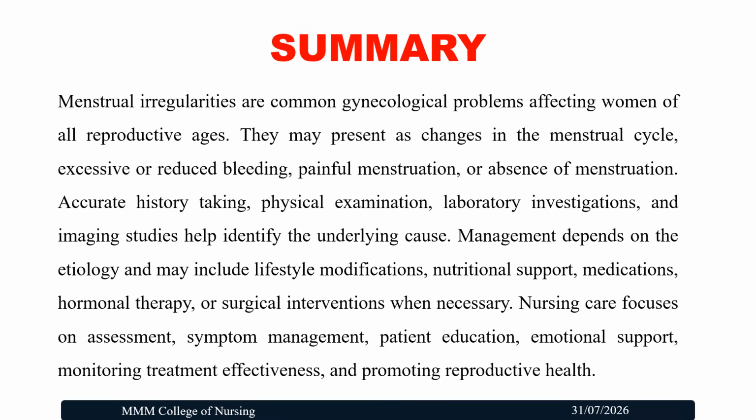The management depends on the etiology and may include lifestyle modification, nutritional support, medications, hormonal therapy, and surgical interventions whenever necessary. Here, the nurse's care should focus on assessment, symptom management, patient education, emotional support, monitoring the treatment effectiveness, and promoting reproductive health.